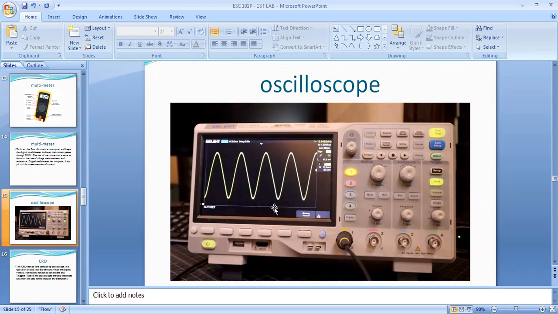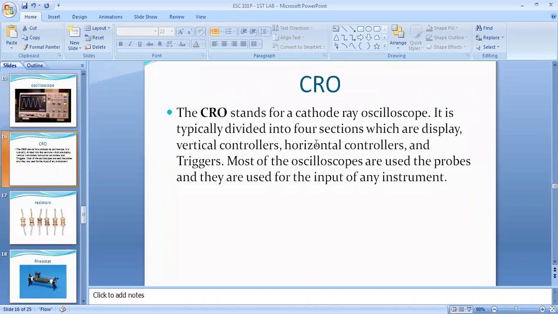After the experimental data table, you take the screenshot, print out the screenshot and put it in your file. So this is a very useful instrument. Using it, we can analyze any signal. So CRO, DSO, oscilloscope, all are the same.